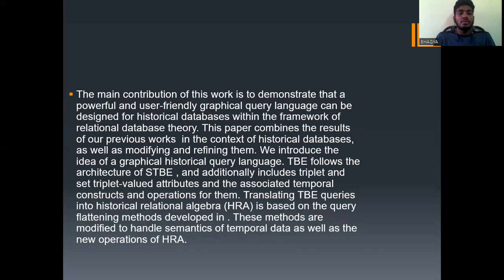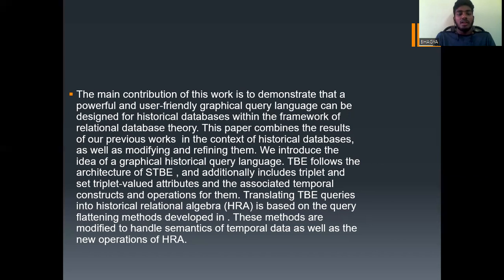The main overall contribution of this work is to demonstrate that a powerful and user-friendly graphical query language can be designed for historical databases within the frame of relational database theory. This paper combines the results of previous works in the context of historical databases, as well as modifying and refining them.